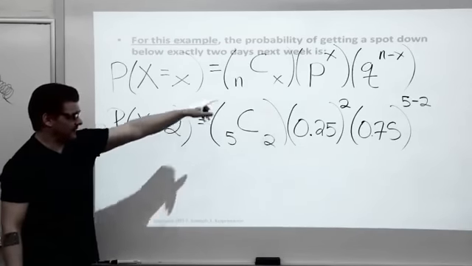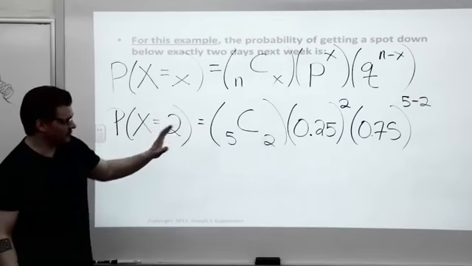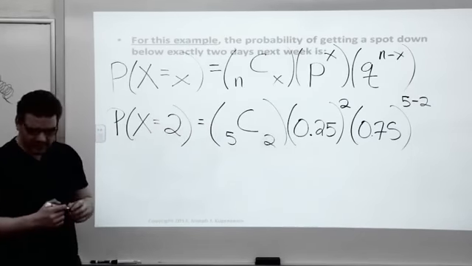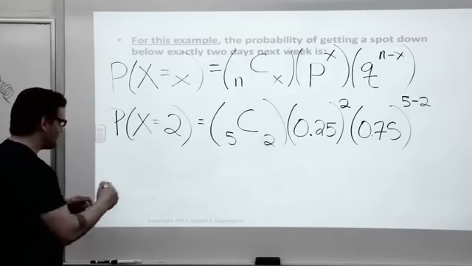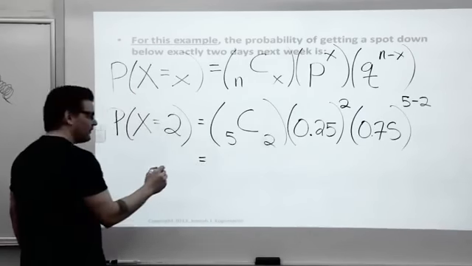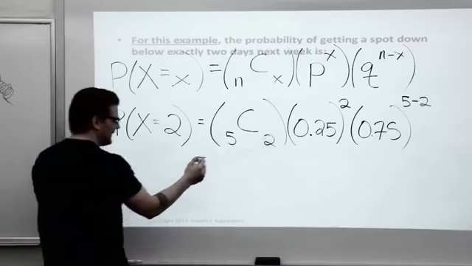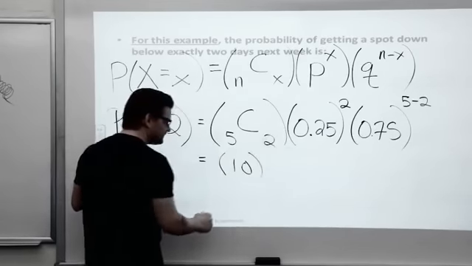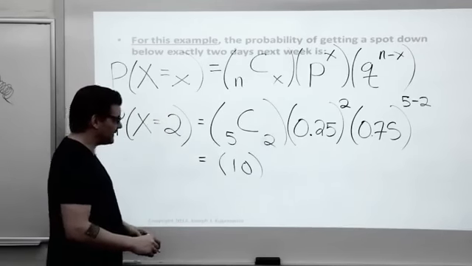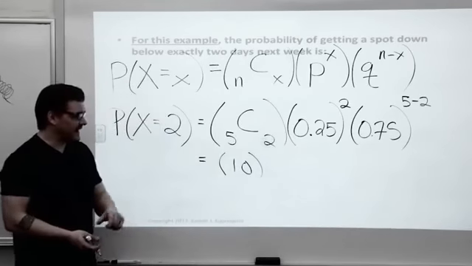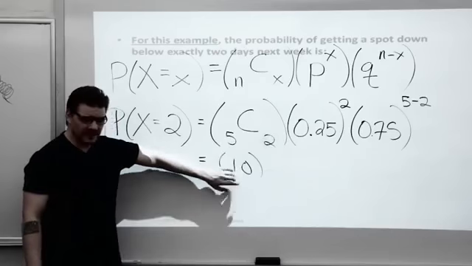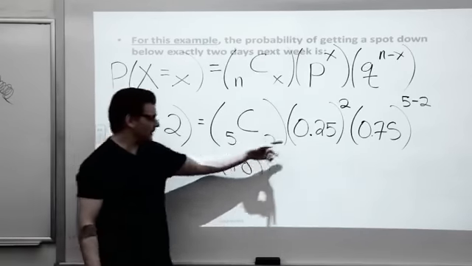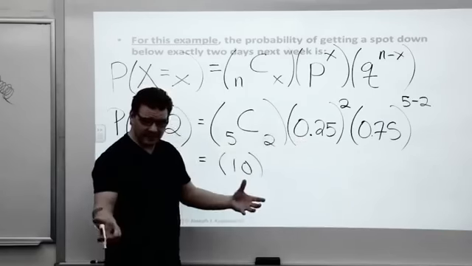So if we have 5 days, the total things you're multiplying over there have to be 5, 2 plus 3. All right, so that's what the formula looks like. It looks like we'll wrap this up as well. So we kind of know from the previous, we did 5 choose 2. You can check the previous example. That's 10. That's the first piece. If I'm doing this in my TI calculator, typically I would find this number first, and then I would just say answer multiply, and I would multiply by this one and hit enter.